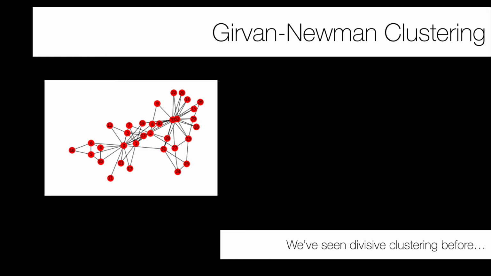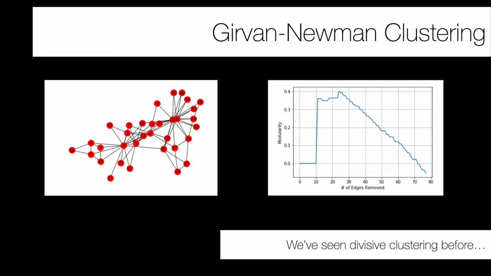So we start with a huge cluster where originally all nodes are in the same cluster, and we remove these edges iteratively, evaluate some metric, here we use modularity, and say as the number of edges we remove changes the modularity, we look for some point where our metric is maximized, our clustering quality metric is maximized, and we say that's the set of clusters we have.